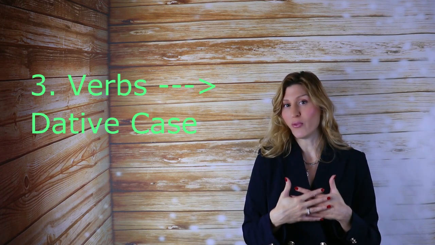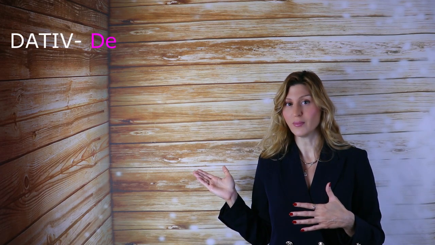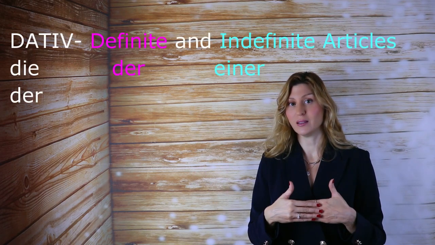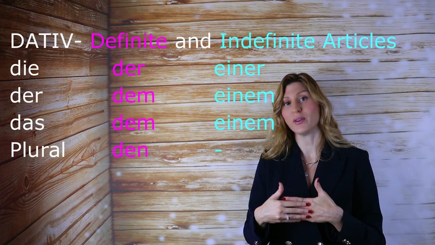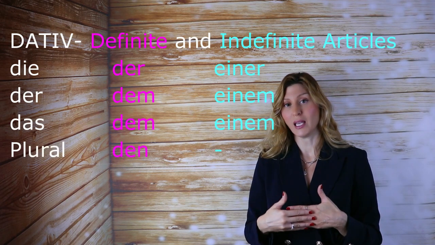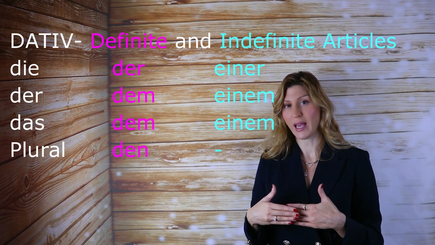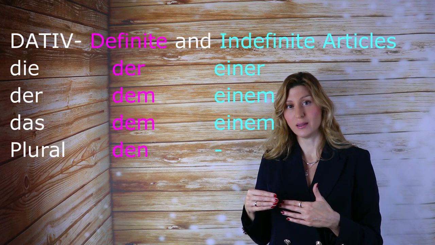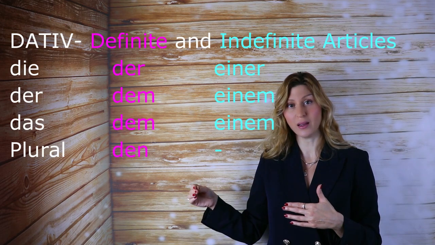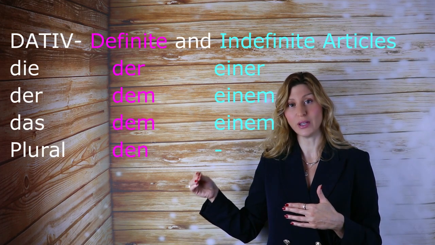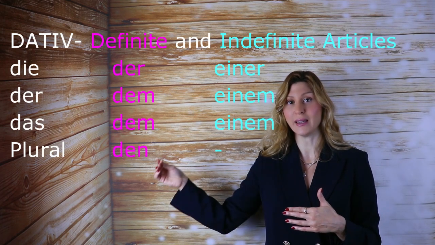And before we move on, I would like to take a look at this table, and I will give you a moment. This is the definite and indefinite articles in dative. So if we have die, it is der in dative, definite, and indefinite einer.